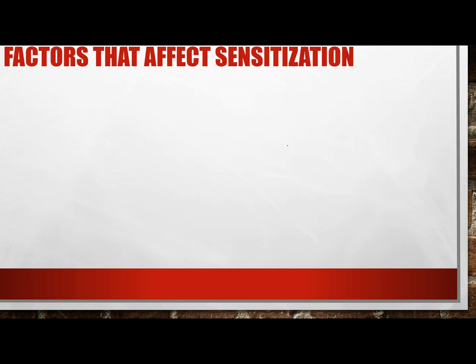So let's continue. What are the factors that I mentioned that would affect sensitization? The first one, class, is pH. There is an ideal pH for most antibody-antigen reactions. And the ideal pH, please remember, is 6.5 to 7.5. So that is the ideal pH for most antibody-antigen reactions.